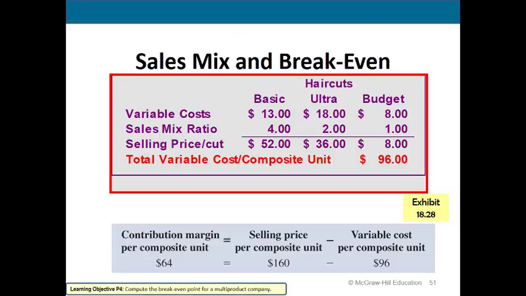And so you take your selling price per composite unit of 160, you subtract the variable cost per composite unit of 96, and what you come up with is a contribution margin per composite unit of $64.